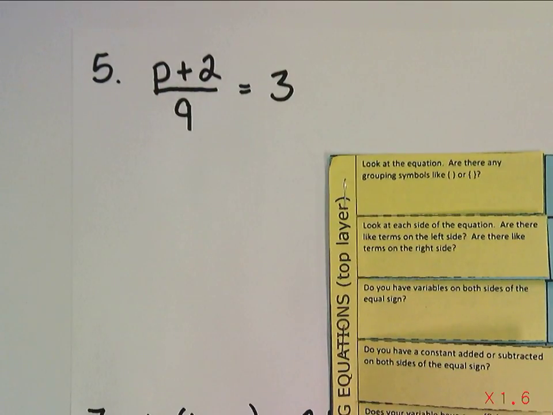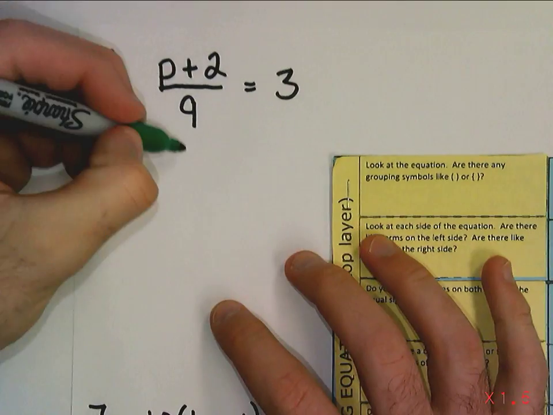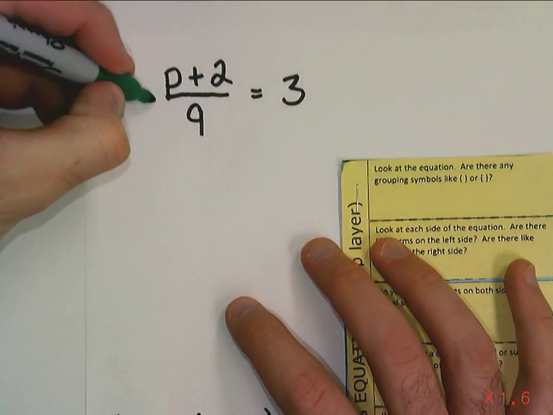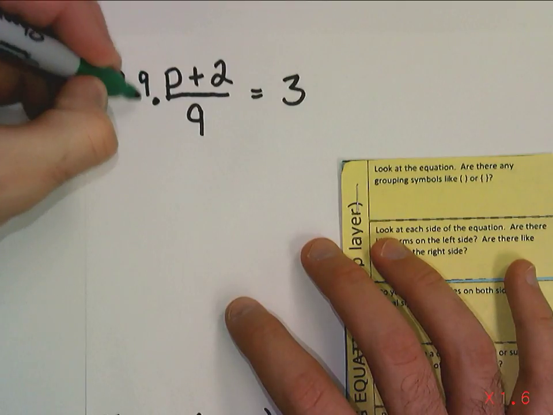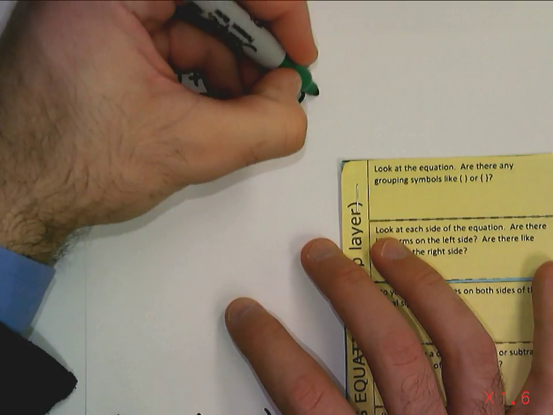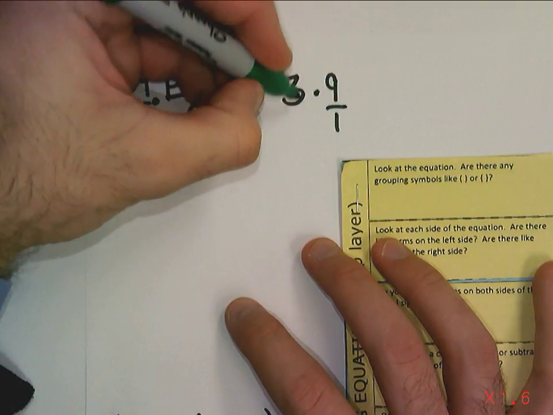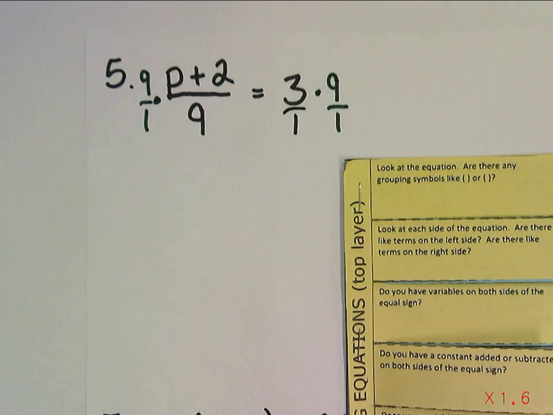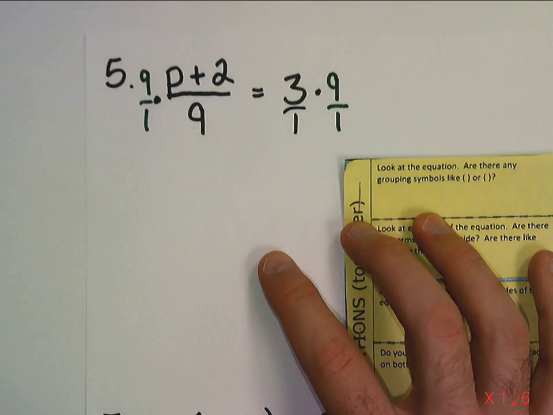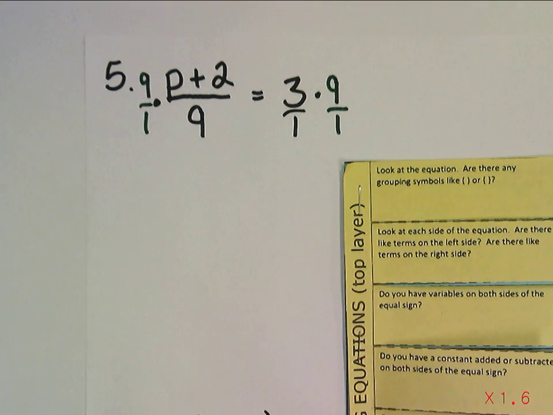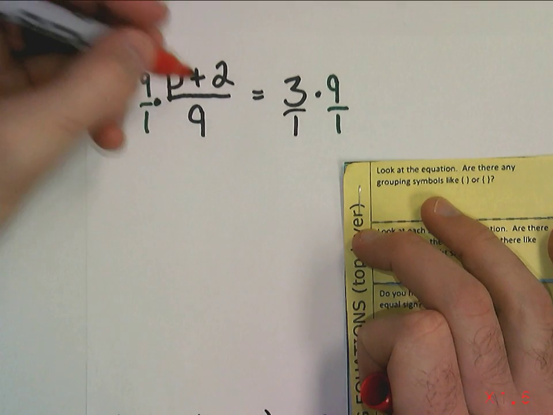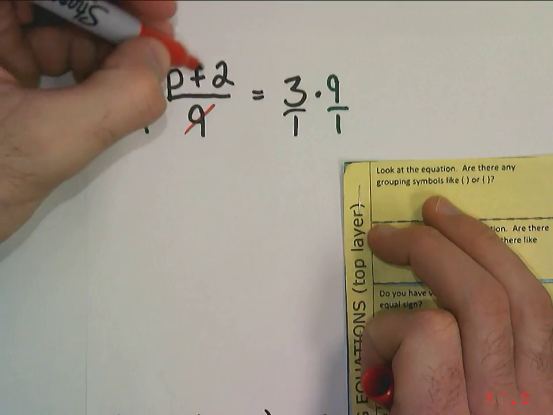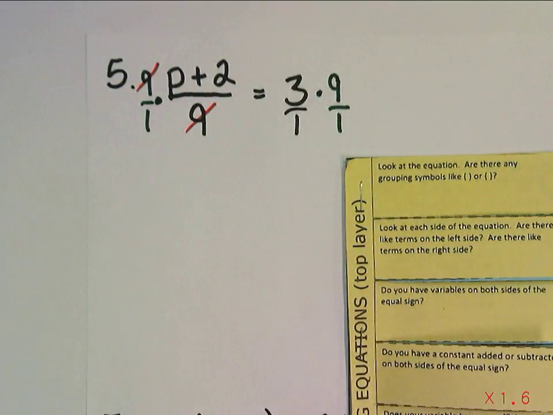So what we're going to need to do is, since it's divided by 9, I'm going to have to multiply by 9 over 1 on both sides. And we'll make this a 3 over 1 too. I need to multiply by 9 on both sides in order to get these 9s to cancel, because I can't solve for p if there's something in the denominator here. So those cancel.